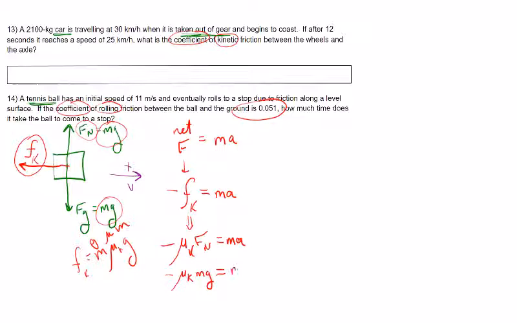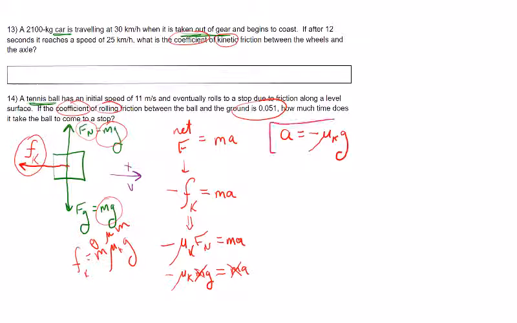The reason I'm doing this is now you can see that the masses are going to cancel, and I come up with this neat little equation that the acceleration of something, and this is only the acceleration when friction is the only thing slowing it down, is equal to minus mu k, kinetic friction, times the acceleration of gravity.